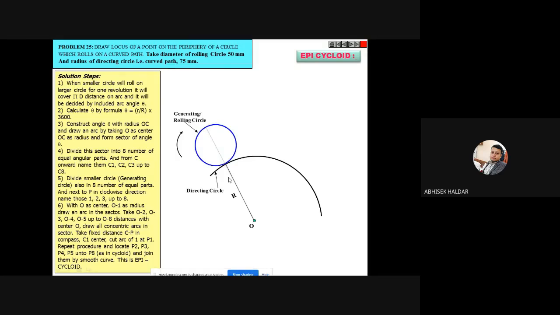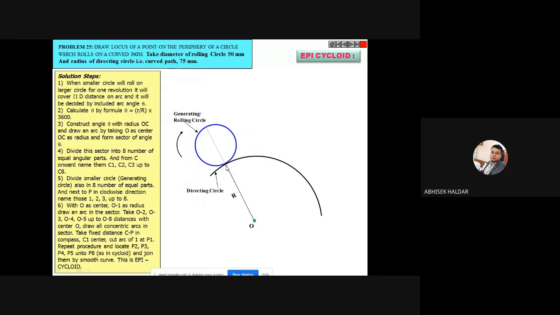They have shown it like this, but when I have to draw it, I need the center. How to locate the center? Any idea? So we can extend up to 10, then 7.5 plus 2.5. Yes, you are correct. I just have to extend it.